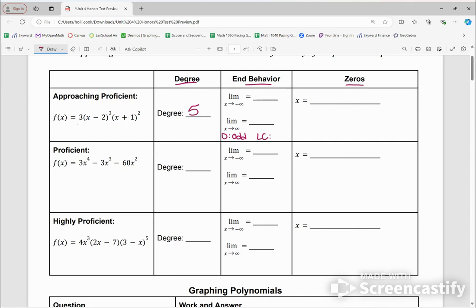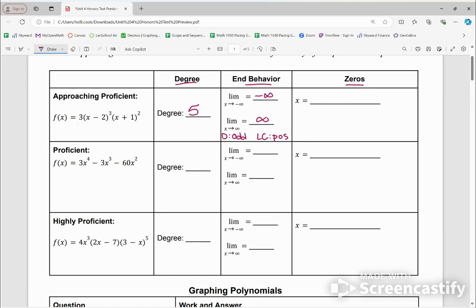So when we multiply those together, we'll get all positives. So our leading coefficient is going to be positive. Since we're odd, that means we're either going to go like this or like this. And our leading coefficient tells us that we're going to do this one, our positive. So negative goes to negative, and positive goes to positive.